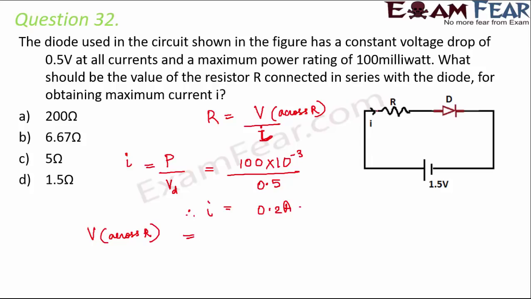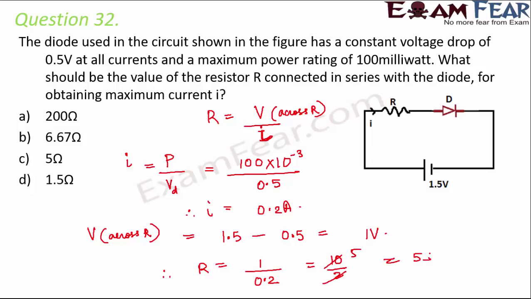The voltage across R would be equal to the total voltage minus the voltage across the diode. Total voltage is 1.5 volt minus the voltage drop across the diode, which is 0.5, that is equal to 1 volt. So now we have the voltage across the resistance R, and we also have the value of I. Therefore R will be equal to 1 volt divided by 0.2 ampere, which is equal to 10 by 2, that is 5 ohms. So the correct option is C.